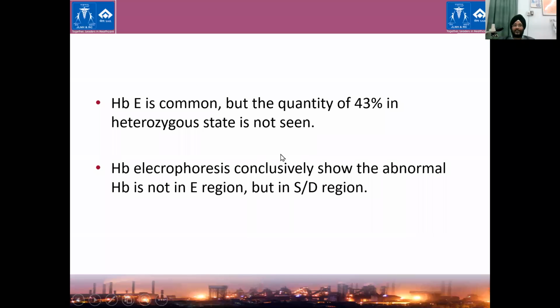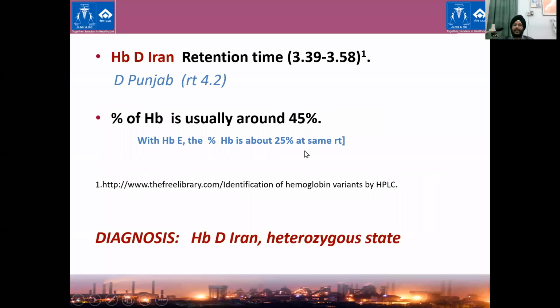Yes, this was finally diagnosed as D Iran based on the findings of HPLC and electrophoresis. So one should ask a question. HbE is common in certain regions of India, the eastern part of the country, but a quantity of 43% in the heterozygous state is generally not seen. So electrophoresis should be used in conjunction with HPLC whenever it is necessary to arrive at a diagnosis.